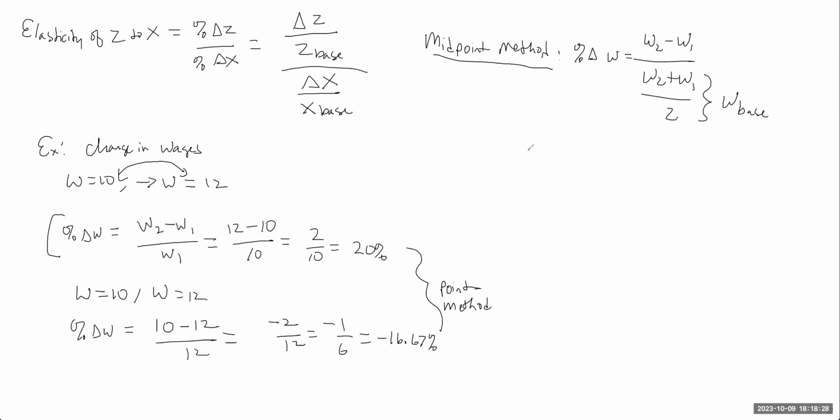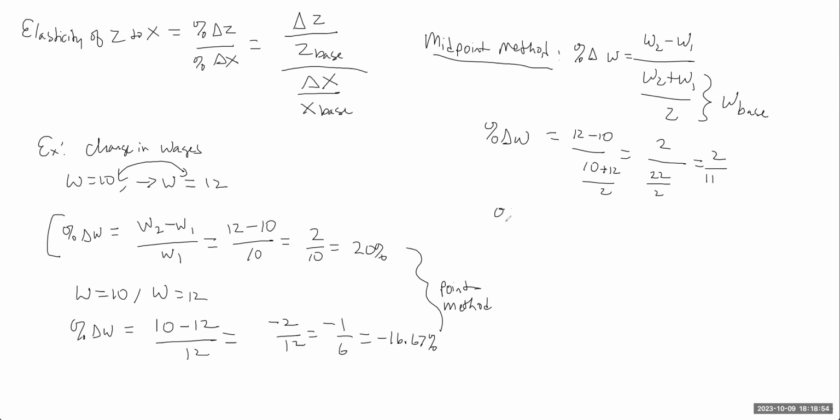So somebody who thinks wages went up would say, well, the percent change in wage is equal to (12 minus 10) divided by ((10 plus 12) divided by 2), which is 2 divided by 22 divided by 2, it's just 2 over 11, okay?